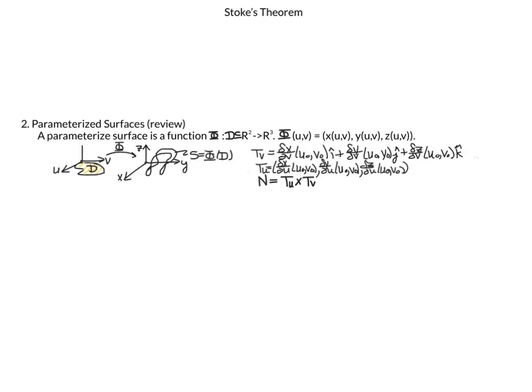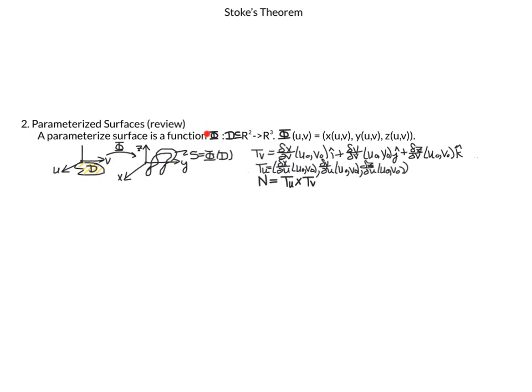Our next topic is parameterized surfaces, and we talked about surfaces as thinking of them as something we start off with in a plane, some region in a plane, that then we push and bend until we have this 3-dimensional surface.